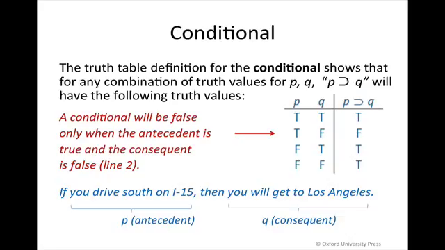So you'll see when we do some practice how this plays out a little bit more. But for now, you might just think about it in terms of the following. The conditional, the row 2, I should say, mirrors the concept of invalidity.